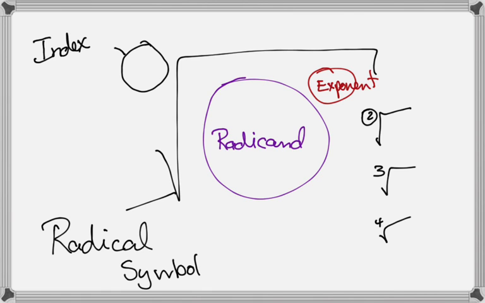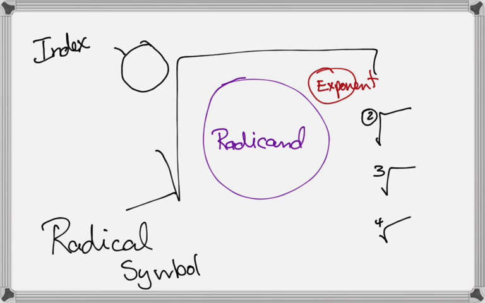A square root is, I guess, our most common root. So that's why we don't put an index on a square root. So the whole thing is called a radical. The symbol is a radical symbol. The number here is the index. Inside is the radicand. And sometimes this radicand is raised to an exponent.